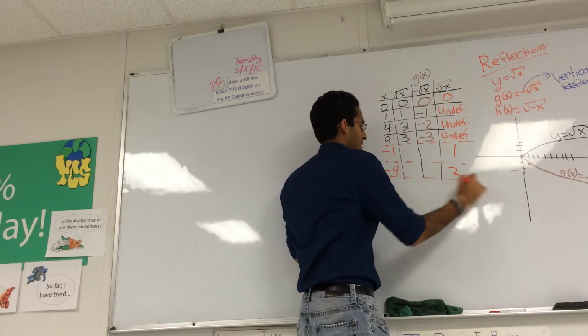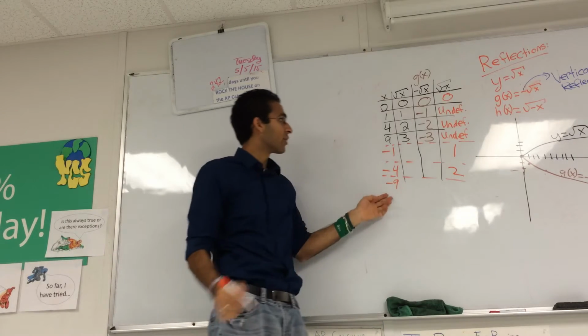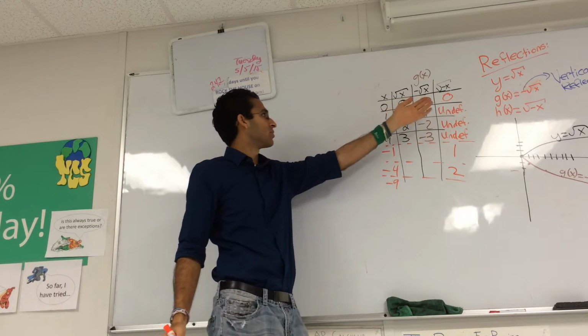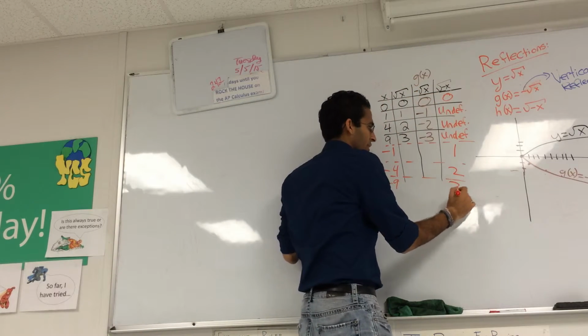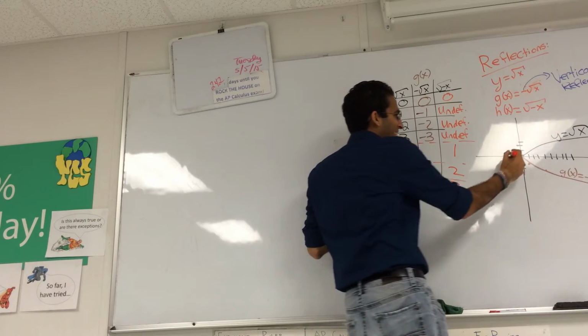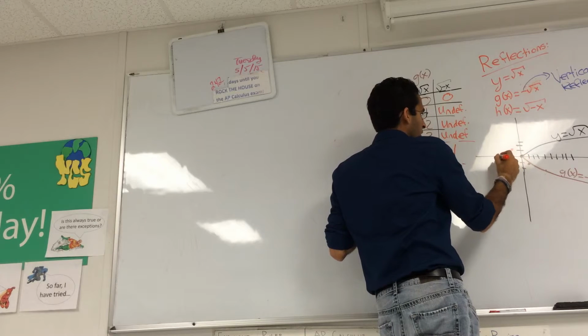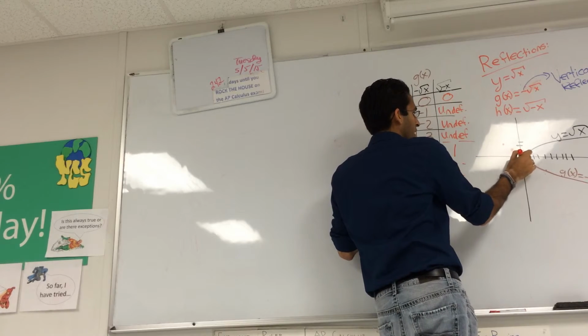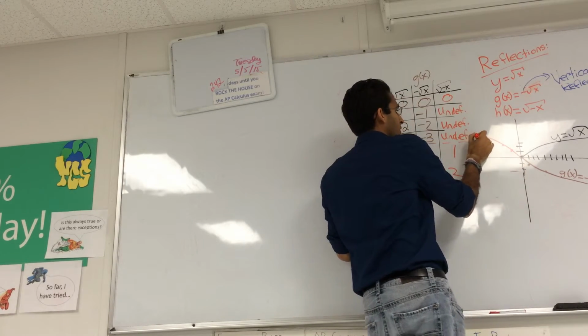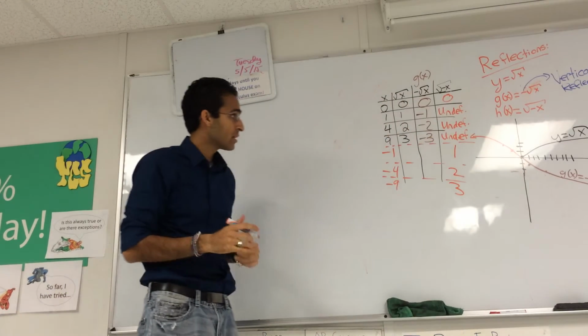If I plug in -9, you guys see where this is going. -9 times negative is +9. Square root of 9 is 3. So let's graph this. X is -1, y is 1. X is -4, y is 2, and so we have something like this.